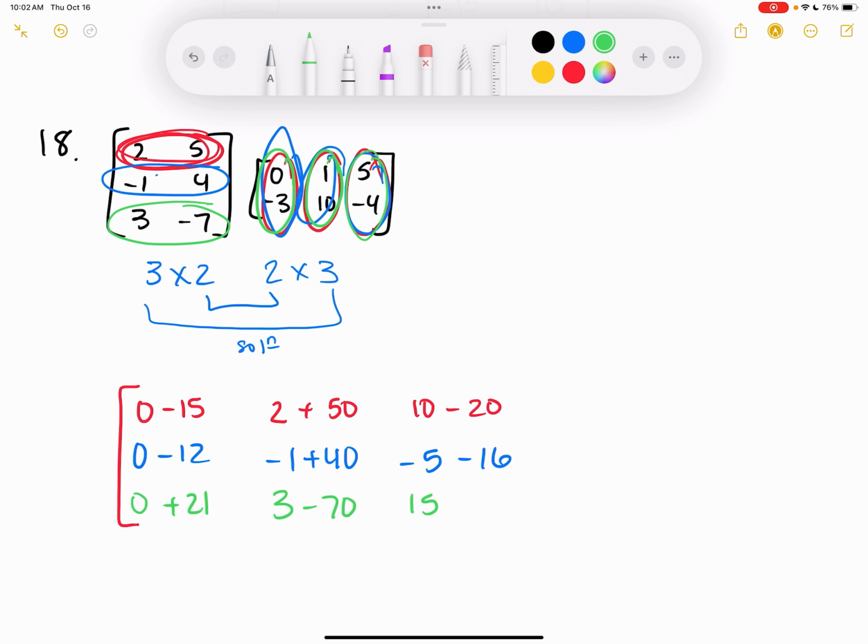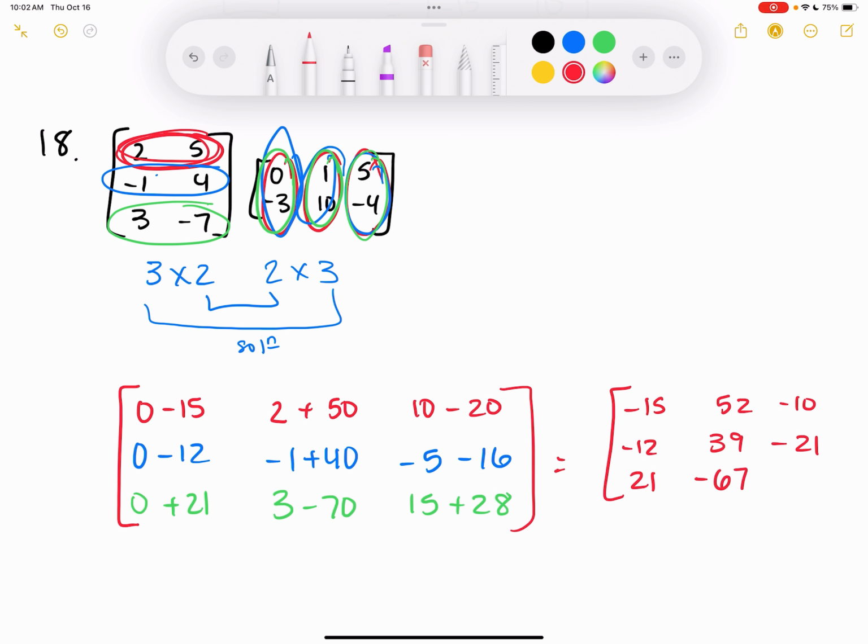Negative 7 times negative 4 is positive 28. And then I would just simplify it to get an answer of negative 15, 52, negative 10, negative 12, 39, negative 21, positive 21, negative 67, and 43.